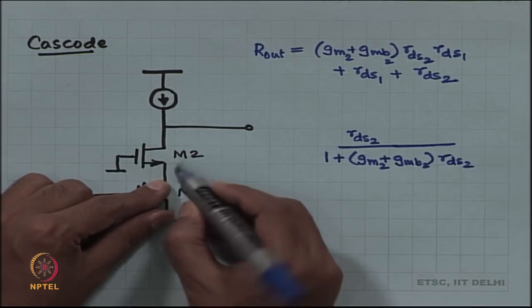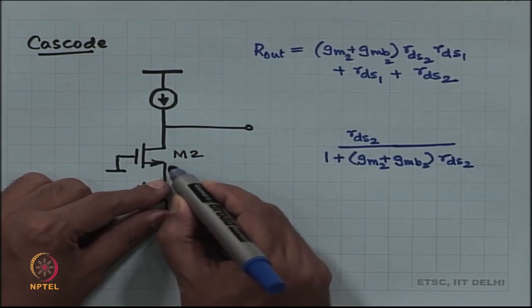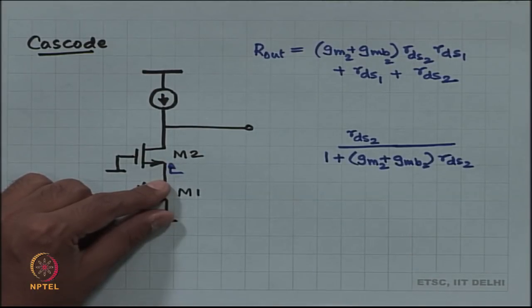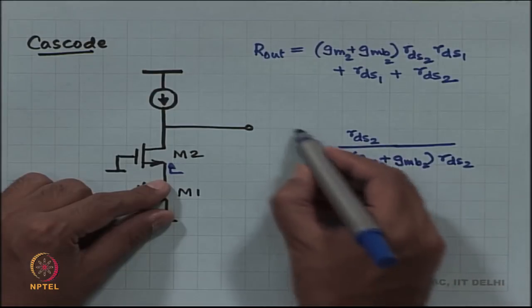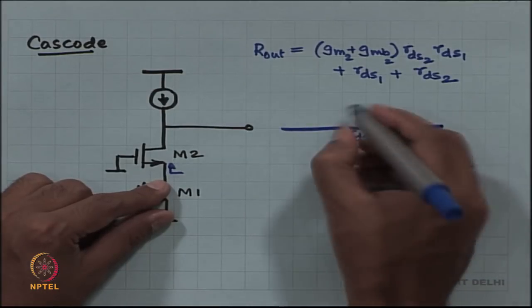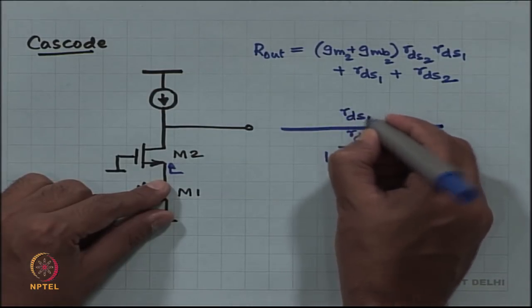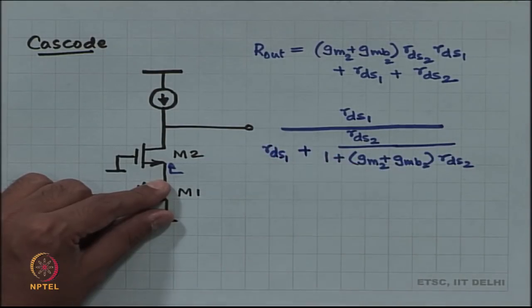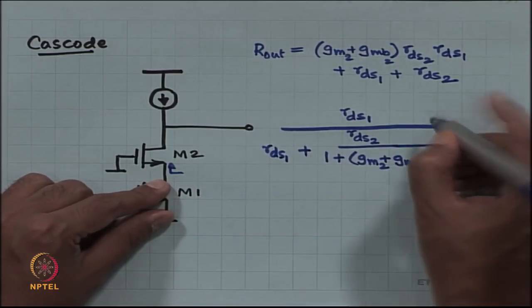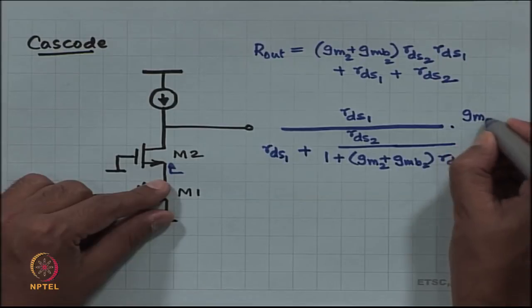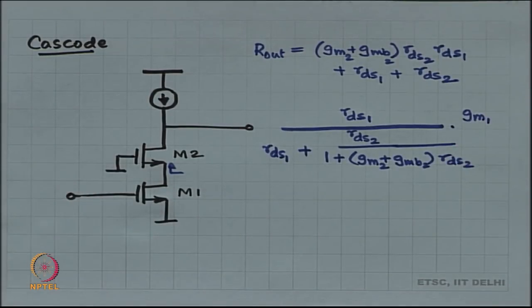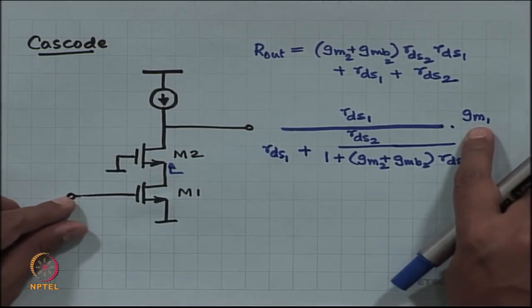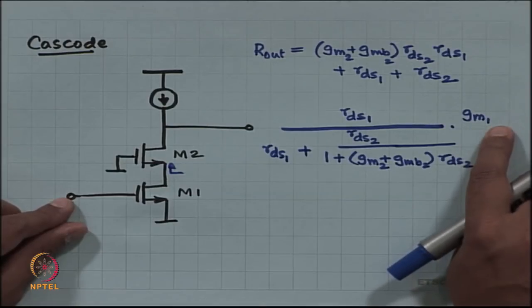So, the current going into the source of M2 is going to be equal to RDS1 divided by RDS1 plus this impedance, this fraction of GM1 times V in.